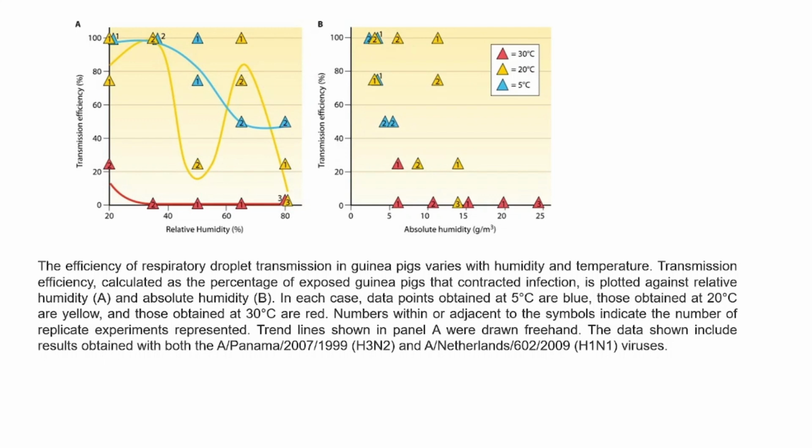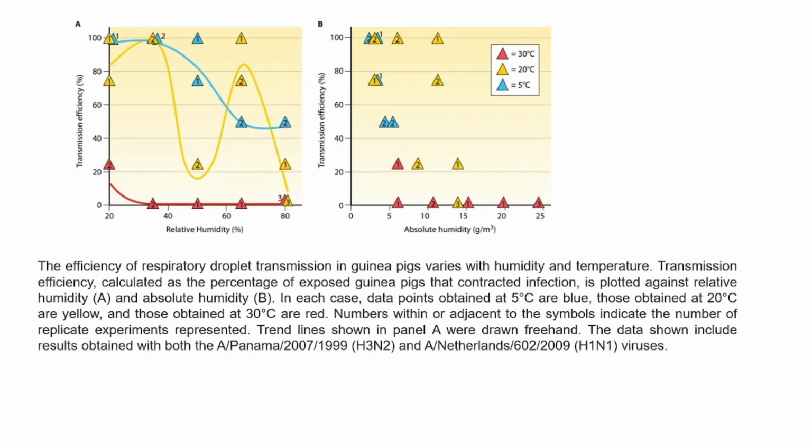They tested directly the impact of ambient temperature and relative humidity on the efficiency of viral spread between hosts. They inoculated and exposed guinea pigs, and when these were housed in separate cages, with no physical way to touch each other, transmission was found to be dependent on both temperature and relative humidity.